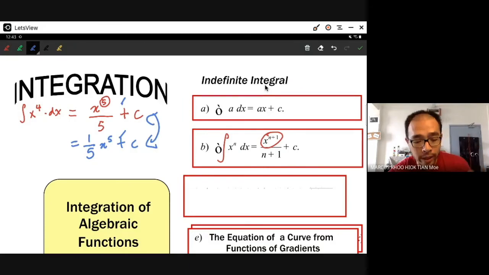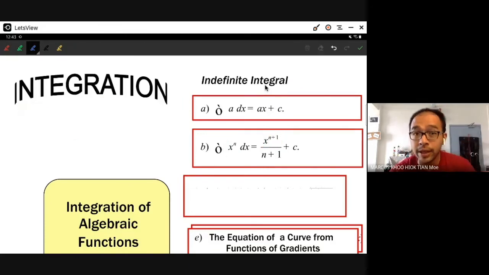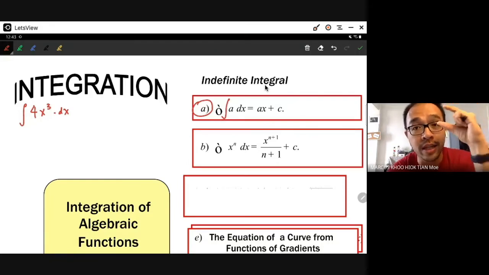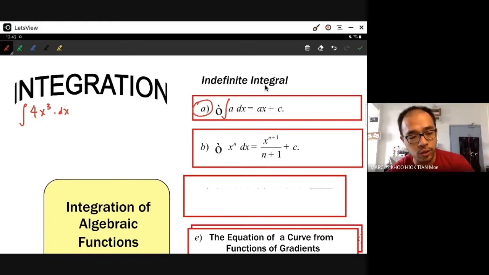Now what if there is a number in front of the x squared? Say for example, integration of 4x to the power of 3 dx. In this case, the first case only applies if the number is alone. But if the number is attached to the x to the power of 3, you leave it alone.